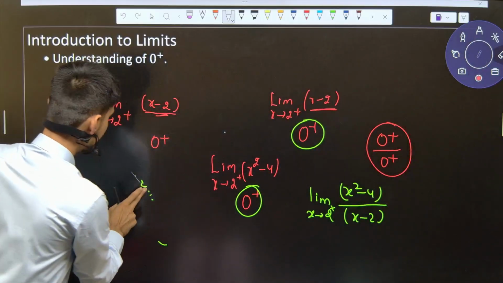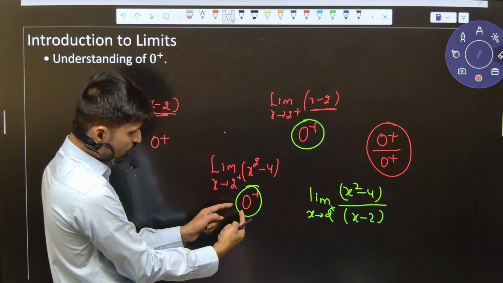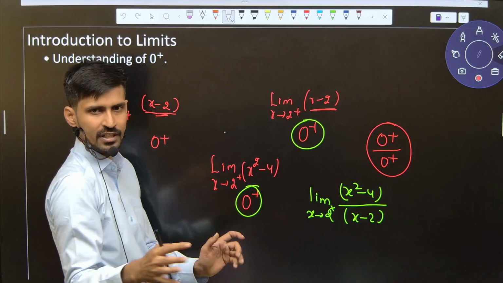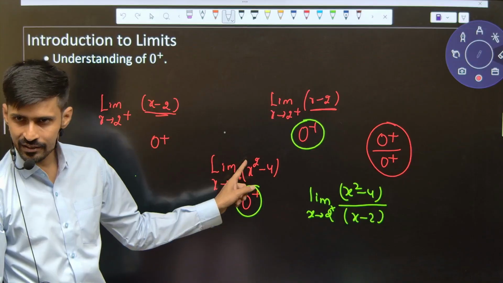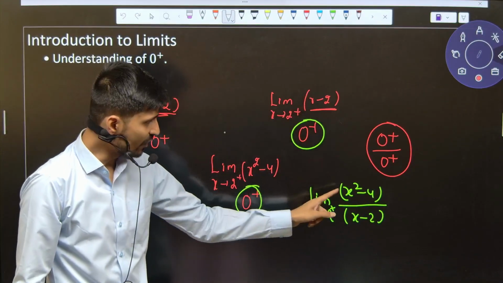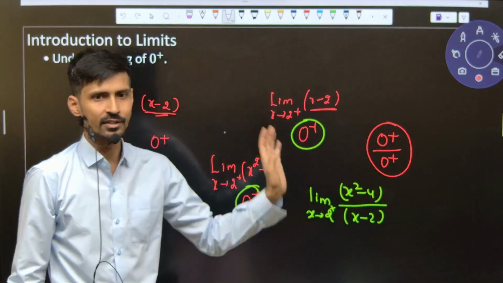So at starting, when I found this is 0 plus and that is 0 plus, that 0 plus upon that 0 plus, directly we cannot find. But from the expression it is generated, and if we divide both expressions, then we can find what is that 0 plus by that 0 plus.